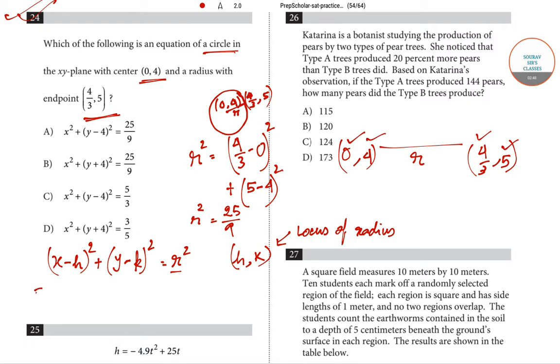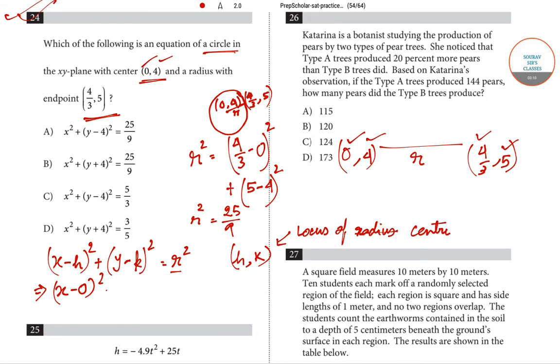So here, as the center is (0, 4), the value of h will be 0 and k will be 4.